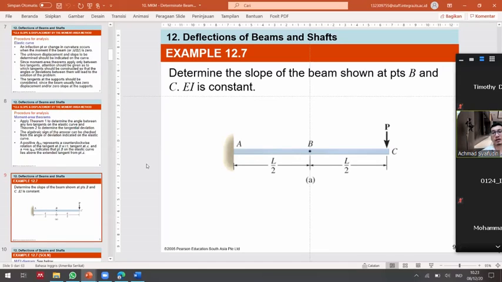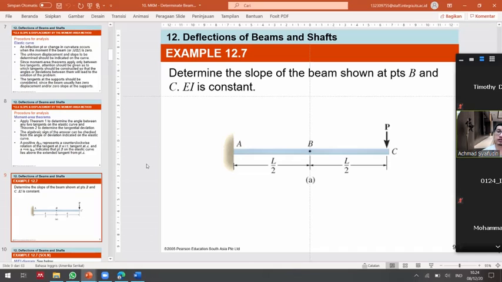And this is the sample problem. Determine the slope of the beam shown at points B and C, where EI is constant. So the material is uniform and the cross-section area is also uniform along the beam.